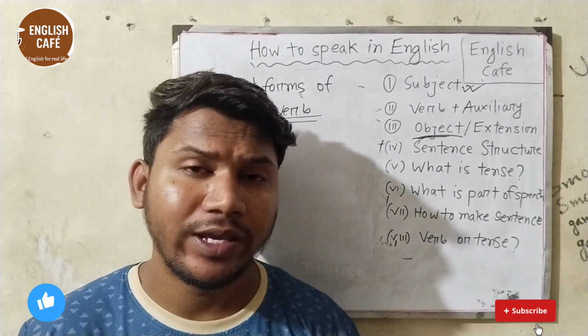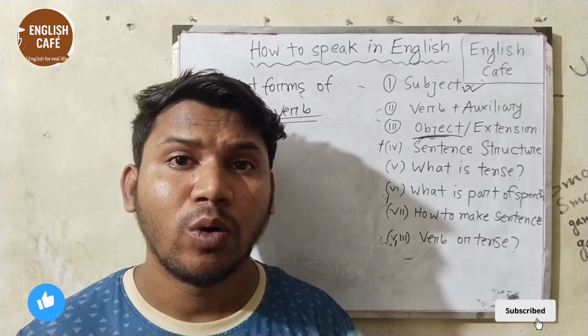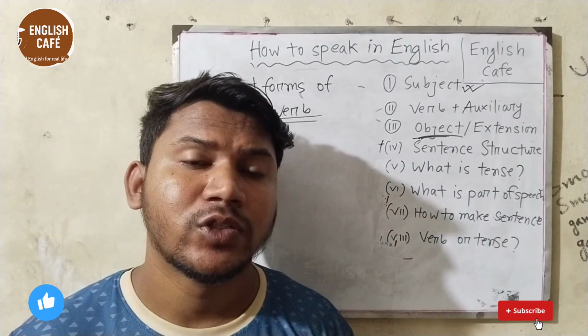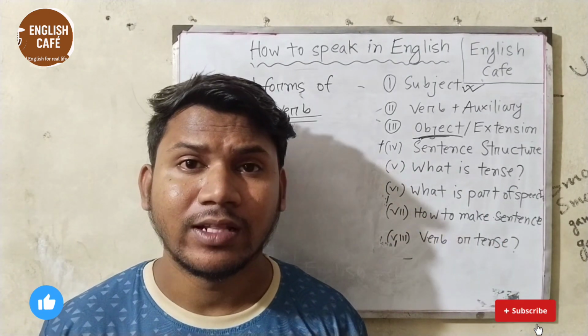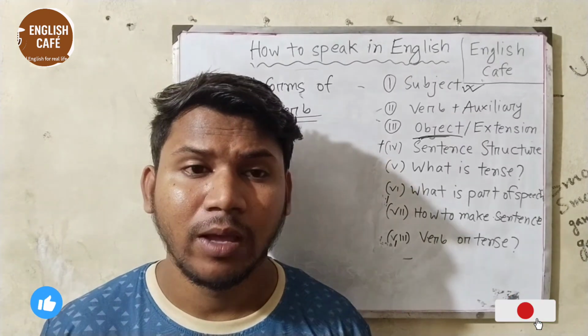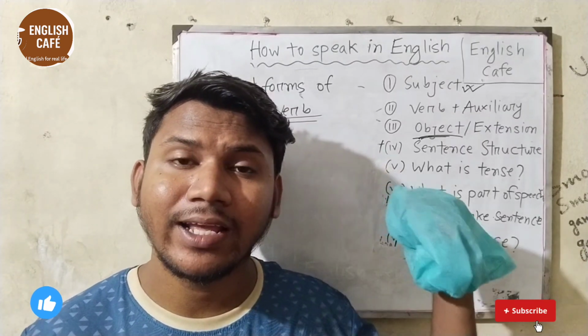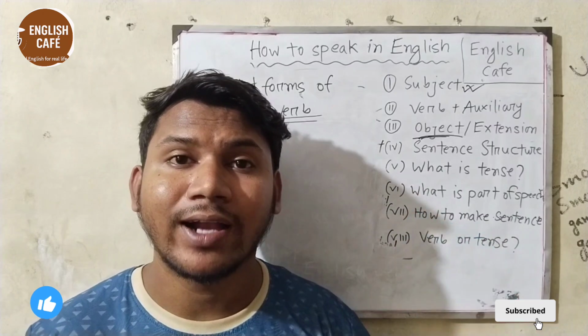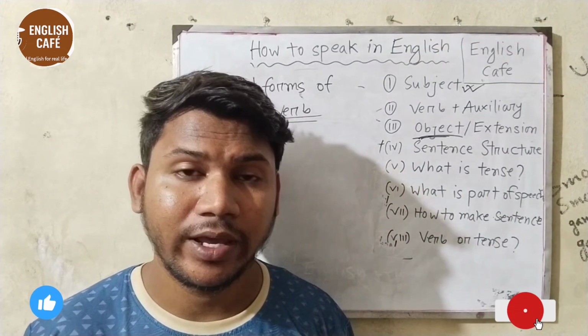Now in this part, we will learn the right form of verbs. There are several forms of verbs that are a must to learn English, because without learning the forms of verbs, you can't learn the tenses.